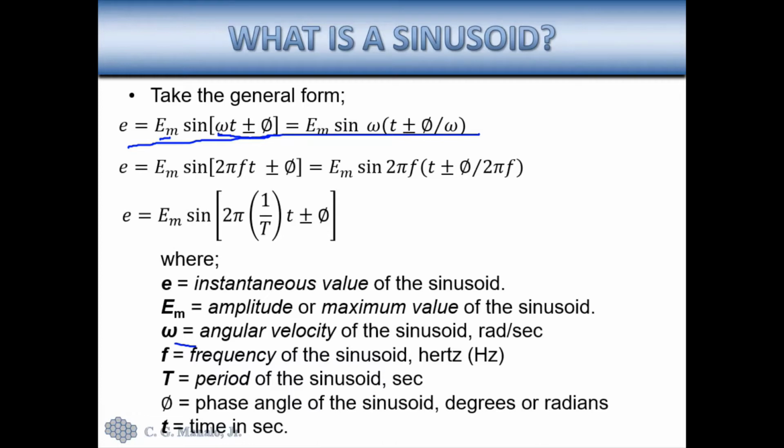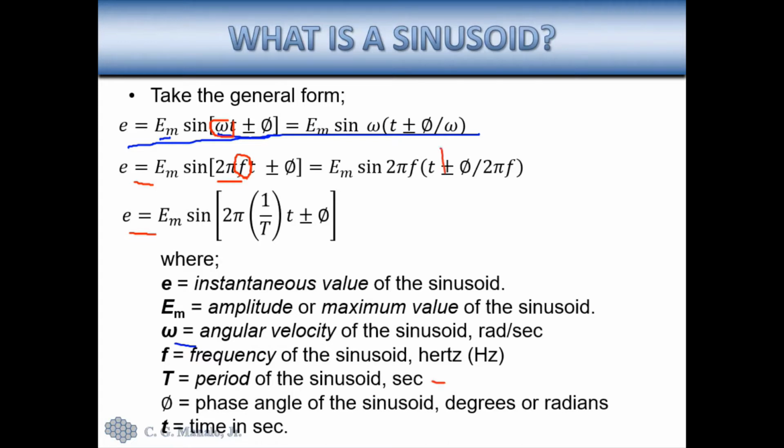Another expression for the sinusoid is this one, where we have replaced omega by 2 pi f, where f is the frequency of the sinusoid in hertz or in cycles per second. A third expression is shown here where the frequency is replaced by 1 over T, where T is the period of the sinusoid.